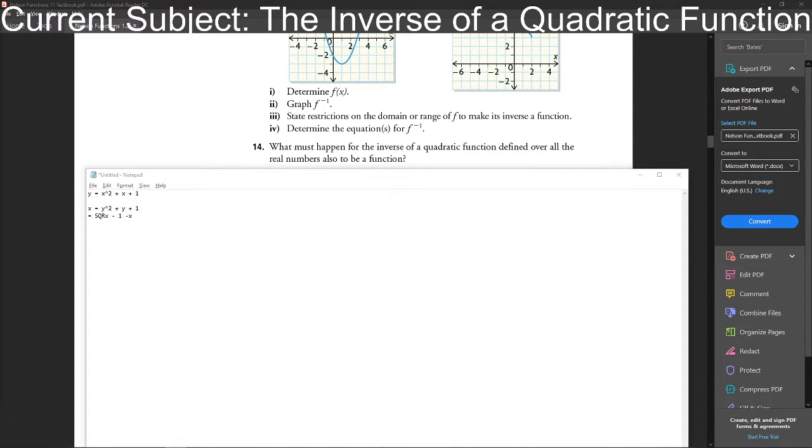And then square root symbol, and then we want to say square root of x. Wait, I just noticed something. Oh, okay, wait. We're solving for x. Ooh, I just noticed something.